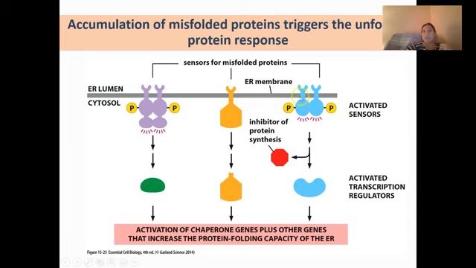So these sensors are usually in the form of receptors that work either singly as a single unit or as dimers, that would recognize whether a protein is folded appropriately or not.